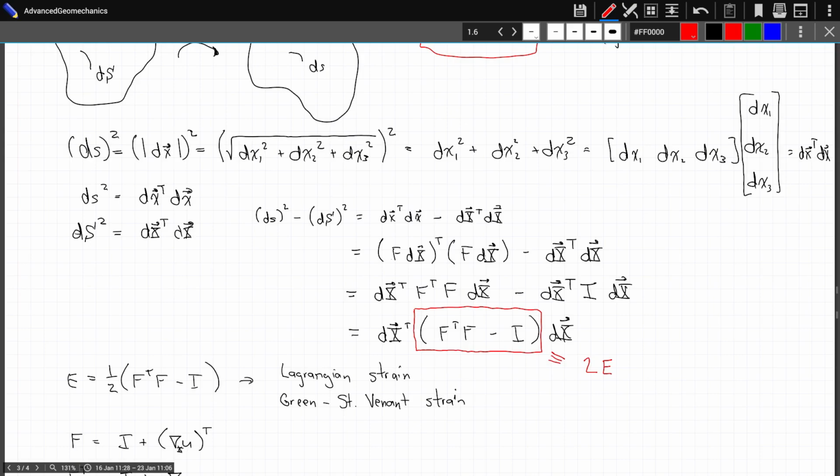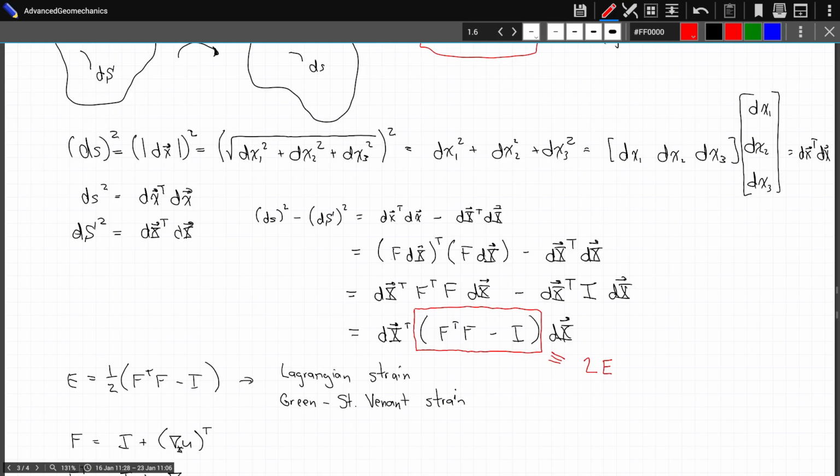So we define a line segment, big dS, a line segment in the reference configuration, and little ds, a line segment in the current configuration. And then we look at this change in length of the line segments, and we squared them because we just don't want to deal with the square root sign, right? We squared them and then eventually just did some manipulations, right?